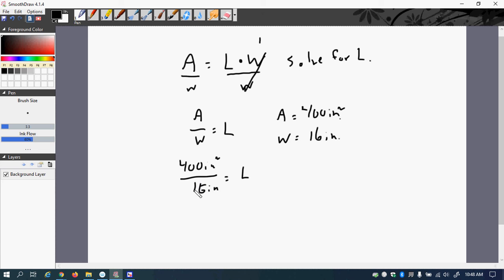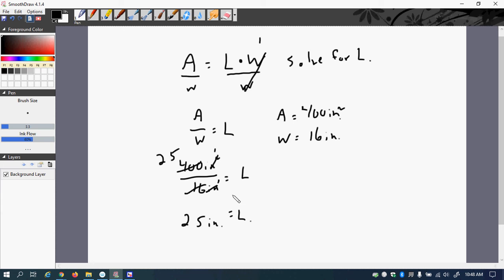Well, 16 will go into 400 25 times. And inches can go into inches squared 1 time. So you get 25 inches equal to the length.